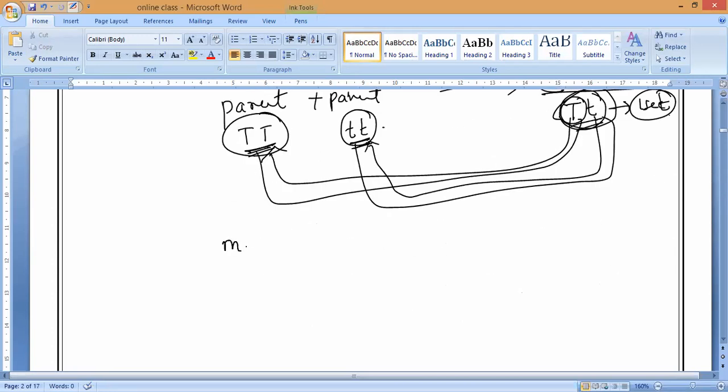After the male gamete fuses with the female gamete, what do we call it? We call it a zygote. So a zygote with a full set of genes will be formed. This zygote will grow and keep developing to form a new organism which has characteristics from both parents, which it has inherited through the genes.